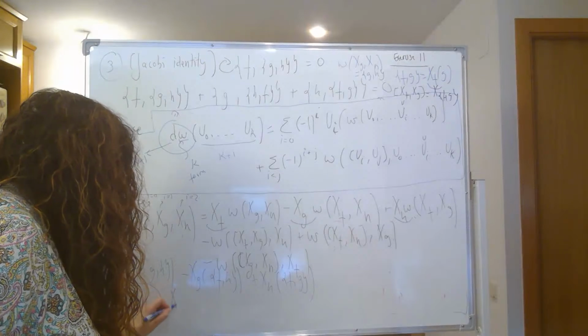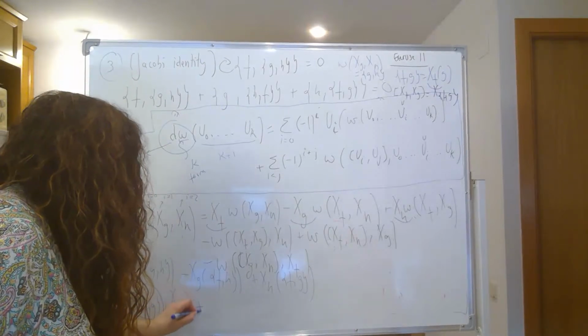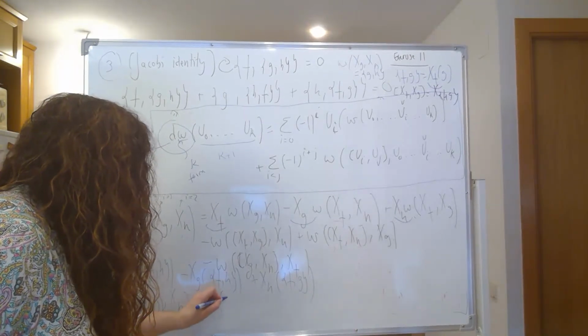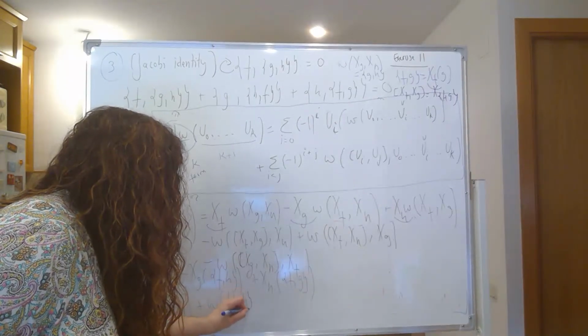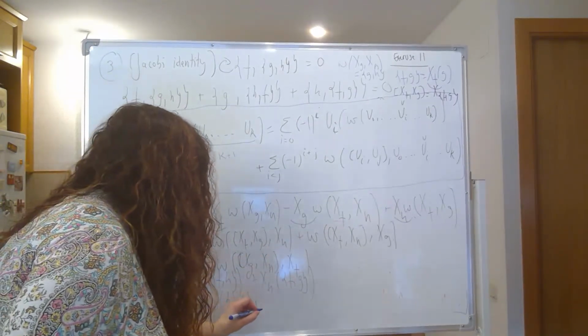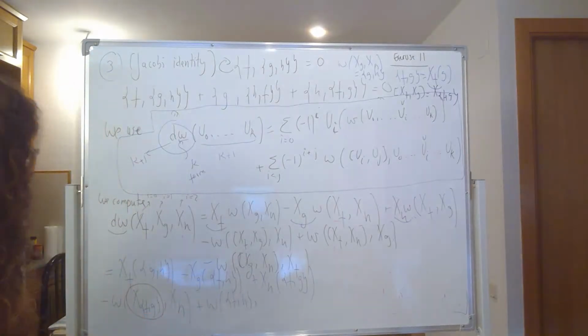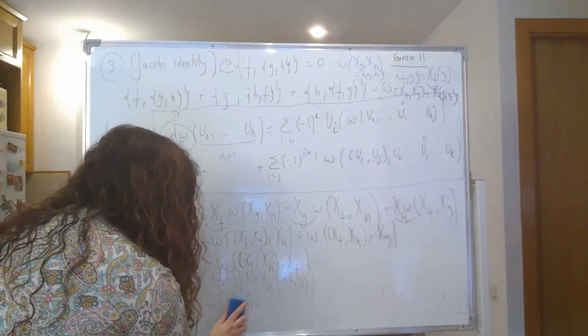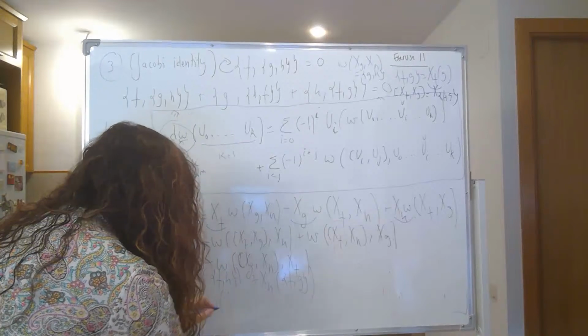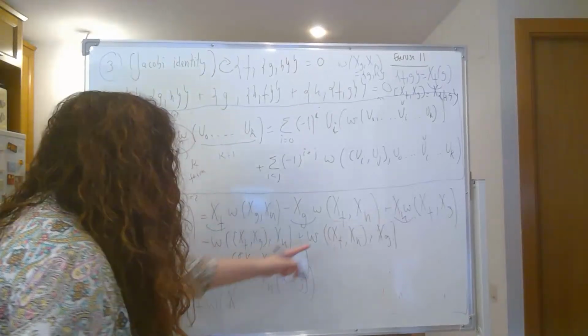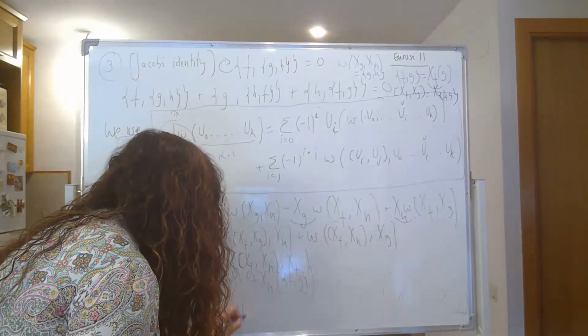And then I can identify again with the formulas. So here I just apply that this is the bracket of F and G, F and H, and that this is XG. Sorry, that this is X sub F, X sub FH.